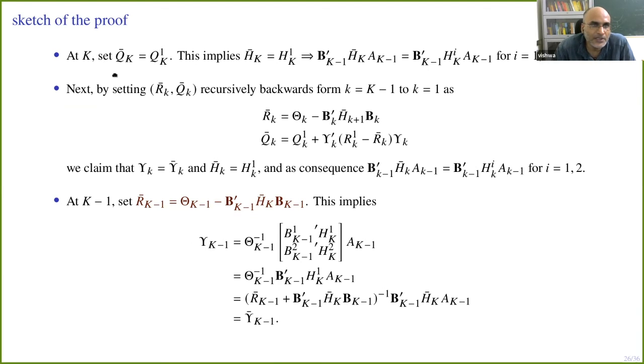So I set QK bar at the terminal stage. Now we set RK minus 1 at K minus 1. Using this choice, we can show that the Nash equilibrium at stage K minus 1 is exactly the same as the optimal solution at stage K minus 1.